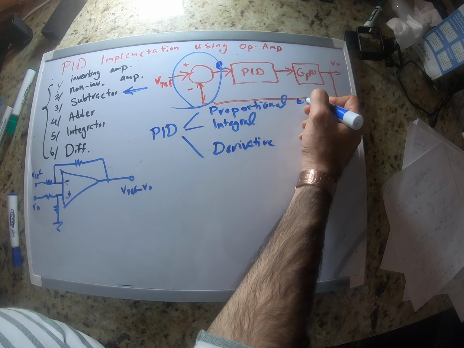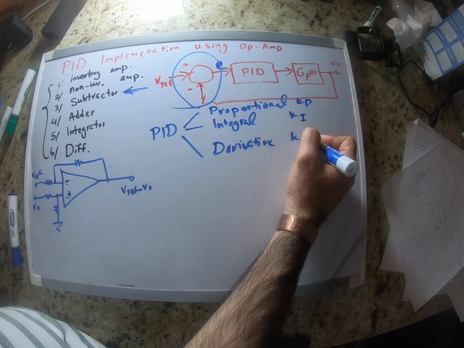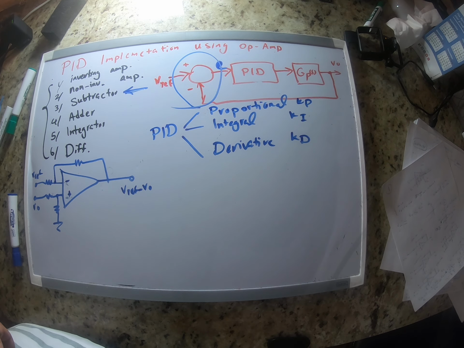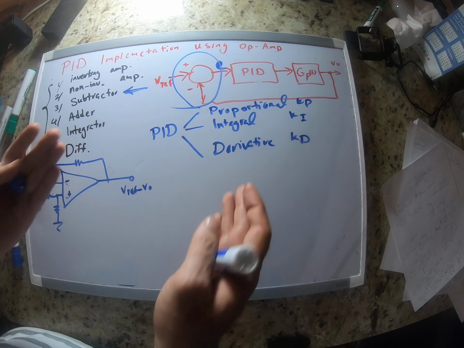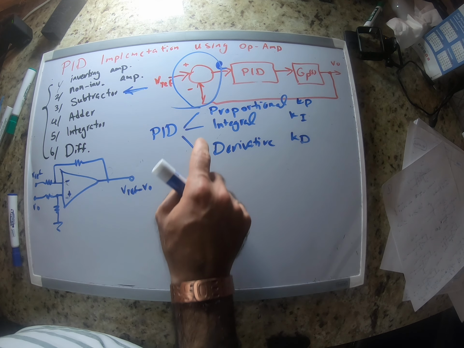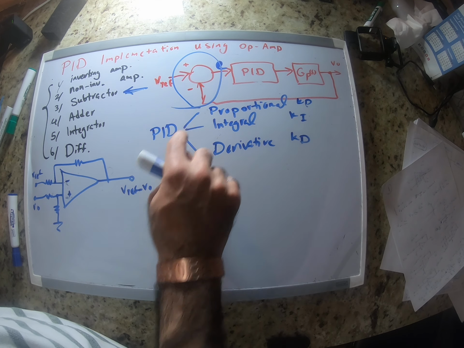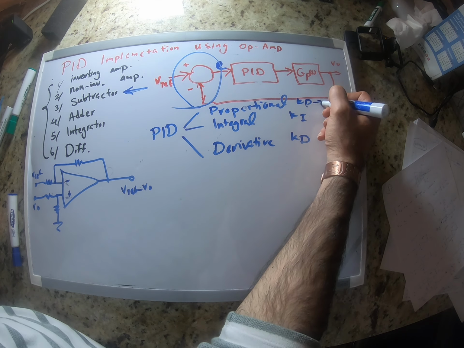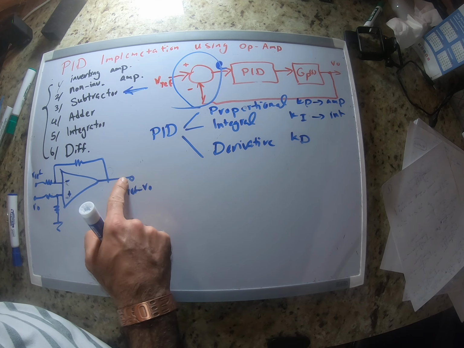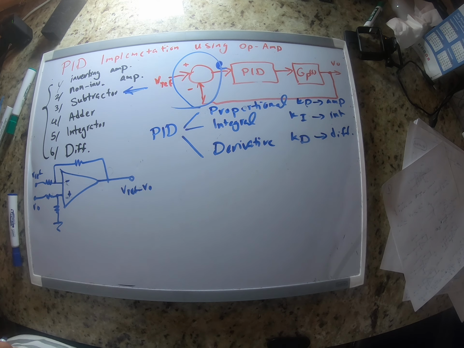So let's say Kp, Ki, and Kd. We have all of these. We know how to multiply a signal, how to amplify a signal. So this is going to be an amplification. This is going to be taking the integral of the signal. This is going to be to differentiate the signal, to take the derivative of the signal.